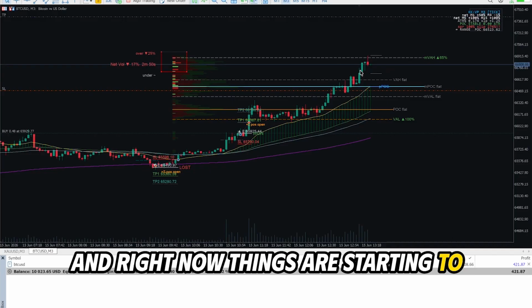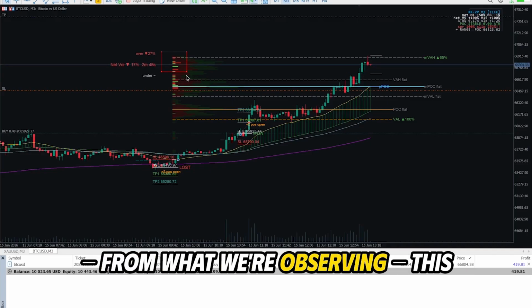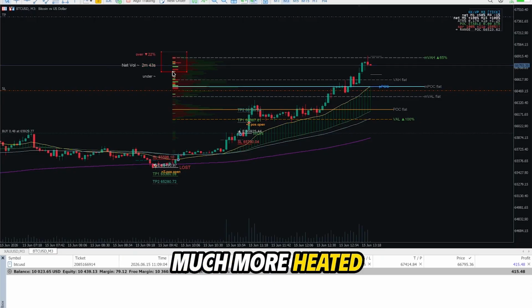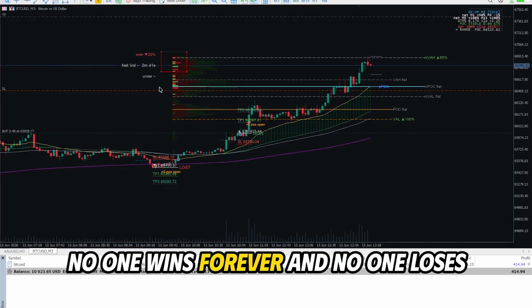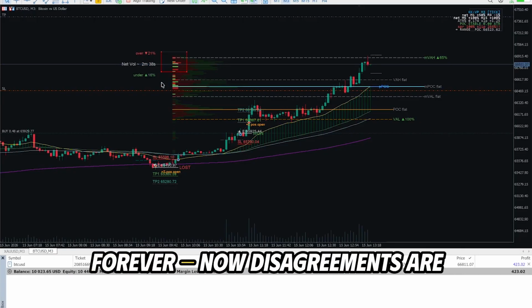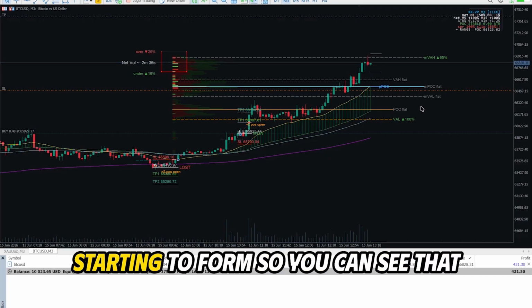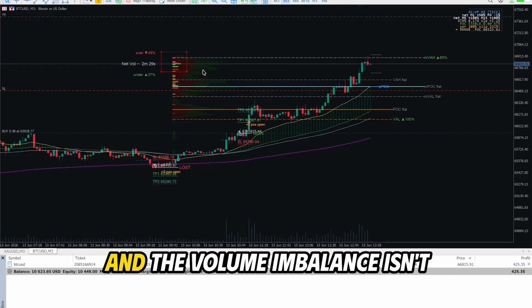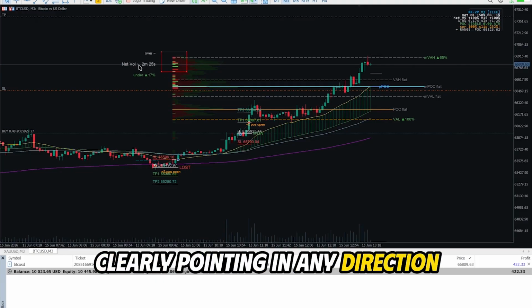And right now, from what we're observing, this contested zone is starting to get much more heated. No one wins forever and no one loses forever. Now disagreements are starting to form. You can see that green dots are starting to appear quite frequently, but red isn't, and the volume imbalance isn't clearly pointing in any direction.